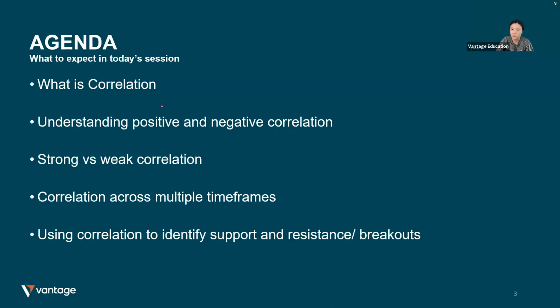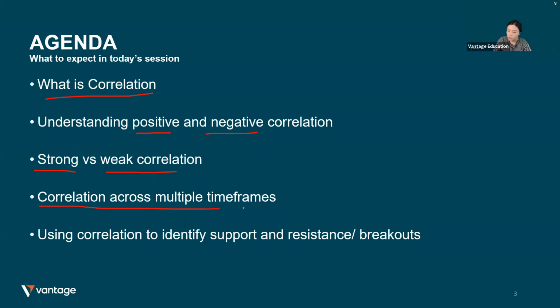Okay, so we're going to talk about what is correlation. I'm going to start real slow and easy. We will talk about the definition of correlation, understanding positive and negative correlation, and strong versus weak correlation.